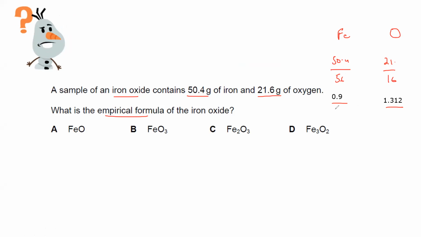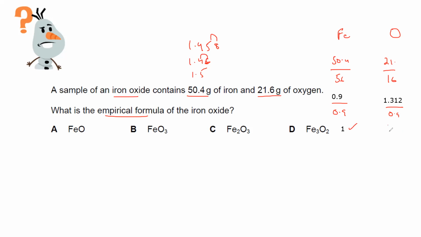So 0.9 is the smallest value, so we divide both of them by 0.9. This will be 1. And what about 1.35 divided by 0.9? It is about 1.458, or 1.46, or 1.5 you can say. If I round off it will be 1.5.